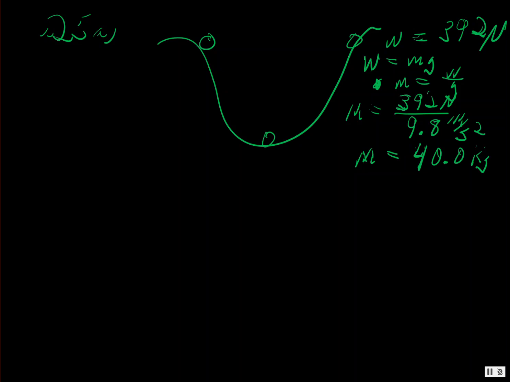And it says at the bottom of the hill, the angular speed is 25 radians per second.